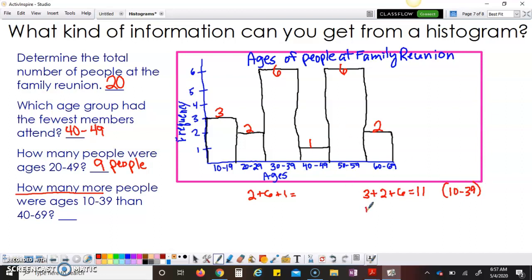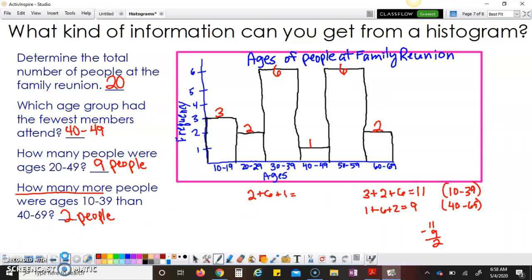And then we've got 1, 6, and 2 people. So 1 plus 6 is 7, plus 2 is 9, that are ages 40 to 69, okay? So then you're just going to take that 11 minus 9, and it's going to be 2. So there are 2 more people that are ages 10 to 39 than there are people that are ages 40 to 69. Okay, so there's lots of information you can get from histograms.